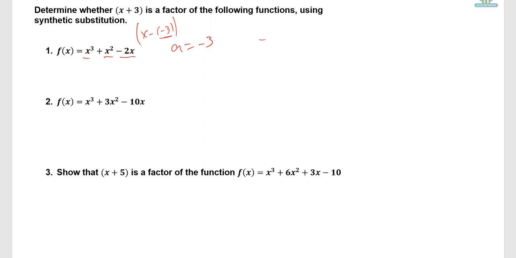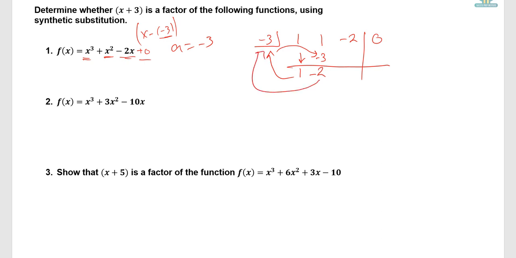So I have negative 3, and then I have all the coefficients of my polynomial. So 1, 1, and minus 2, and then this is the same as plus 0, so here is 0. And then we do this to get the remainder. Drop the first term, 1, and then 1 times minus 3 is minus 3. 1 minus 3 is minus 2. Minus 2 times minus 3 is 6.